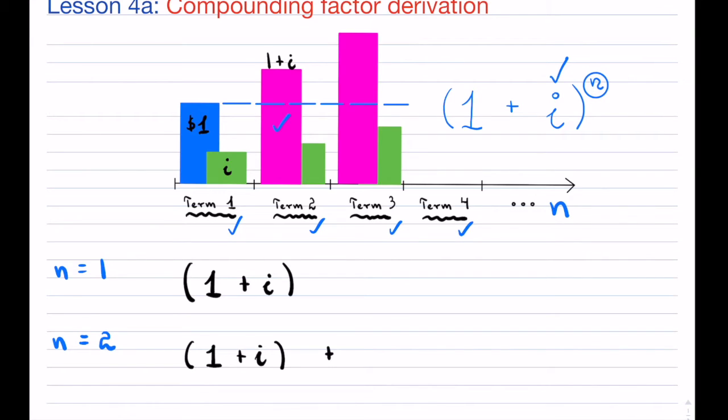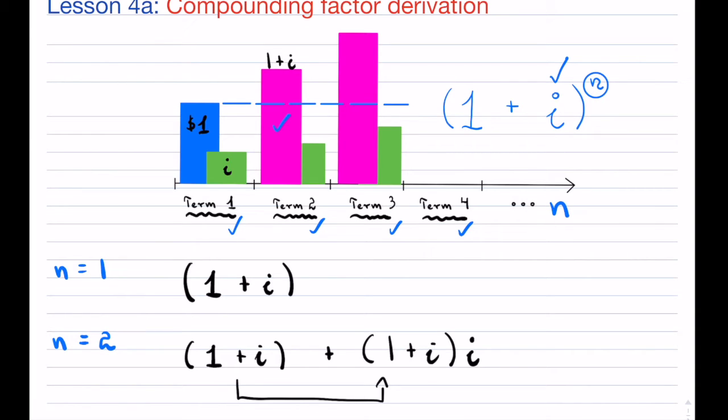Our interest is always the principal multiplied by I, right? But what is our principal? Our starting point is this, 1 plus I, and we're supposed to multiply that by I to obtain our new endpoint.